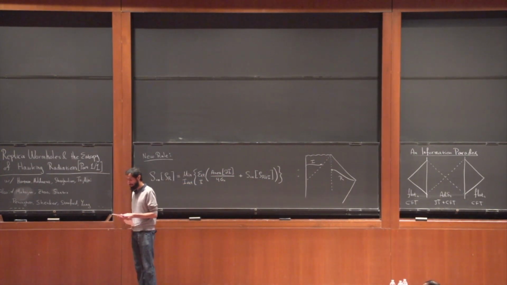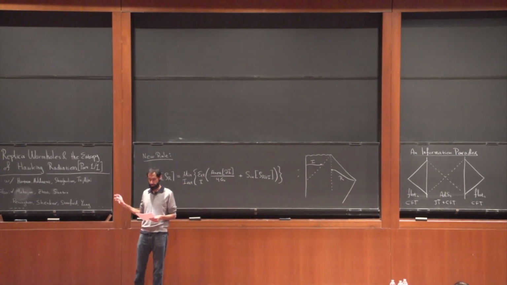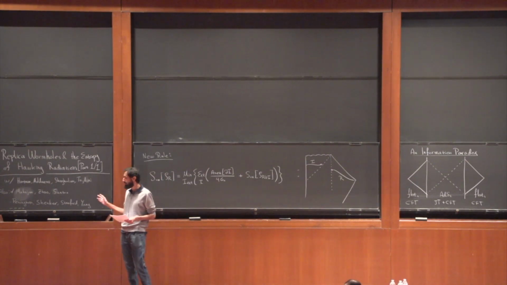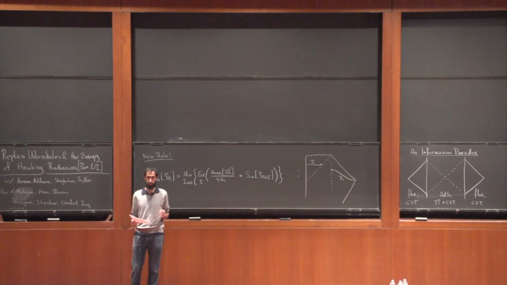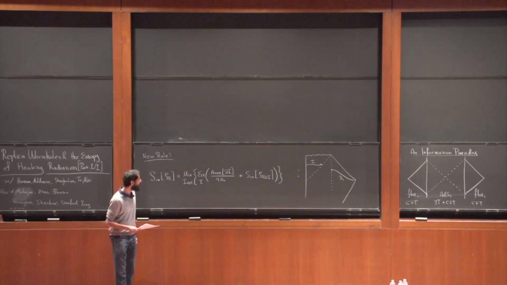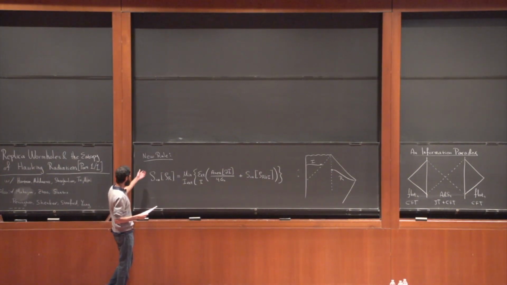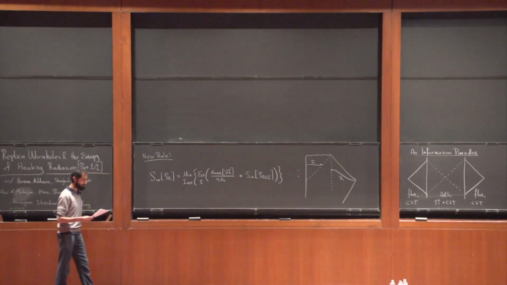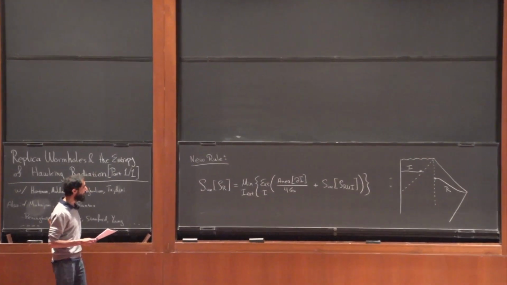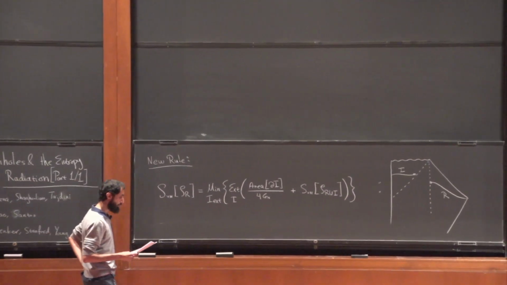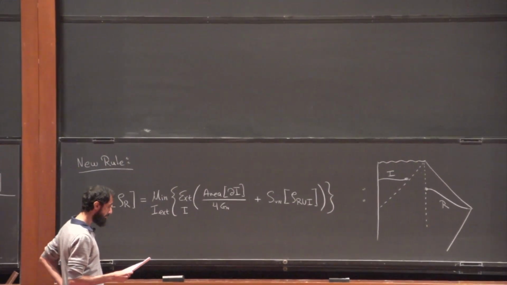This talk will be mostly about my most recent work with Tom Hartman, Juan Maldacena, Edgar Shaghoulian, and Amir Tajdini. It's about understanding or deriving this new rule, which we call the island rule or the island conjecture.